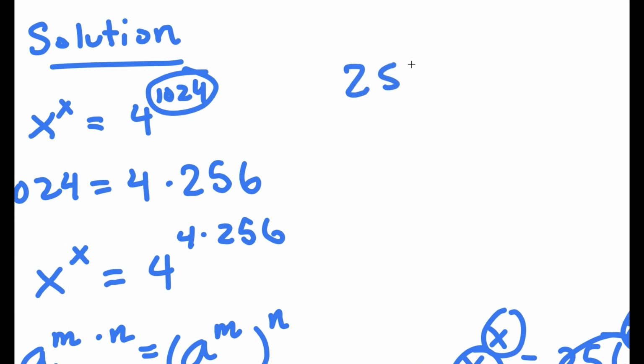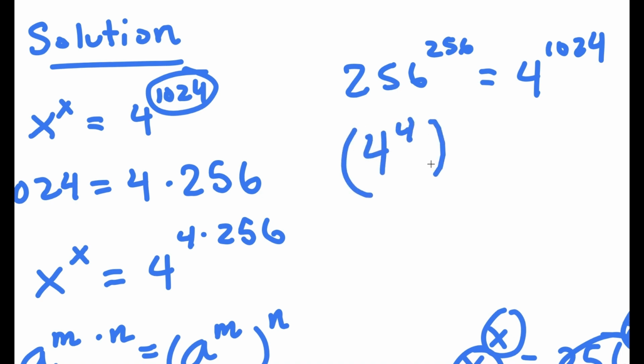We have 256 to the power of 256 is equal to 4 to the power of 1024. And now 256, again, that's the same thing as 4 to the power of 4. So now I have 4 to the power of 4 to the power of 256 is equal to 4 to the power of 1024.